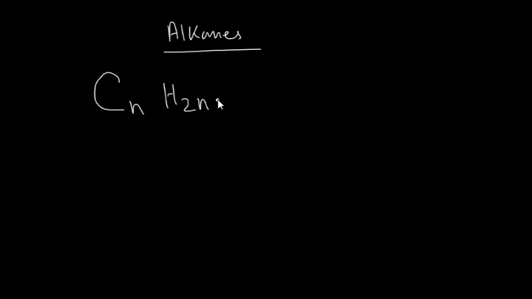We have already done methane and ethane. The formula for alkanes is CnH2n+2.